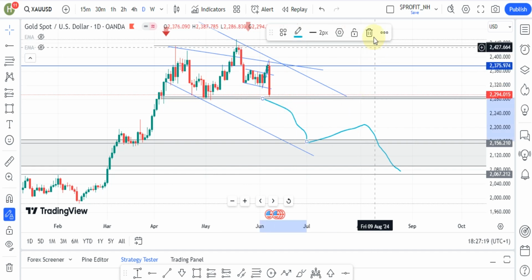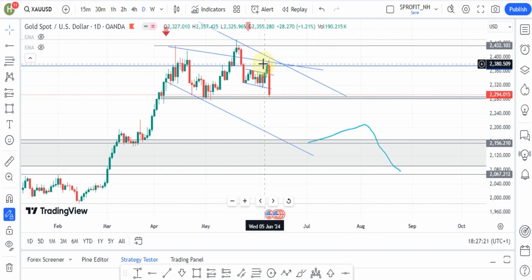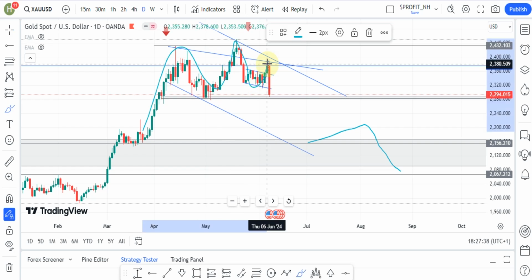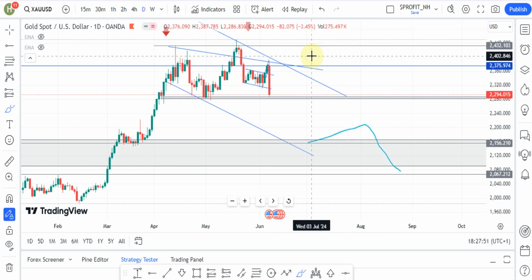Again you see the market giving us this head and shoulder, whereby this is our left shoulder, because on Friday the market gave us this right shoulder before pushing all the way down here with this bearish engulfing candlestick that happened as a result of the NFP giving the dollar strength.